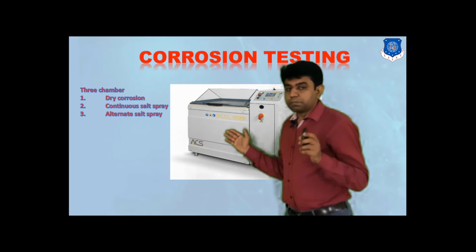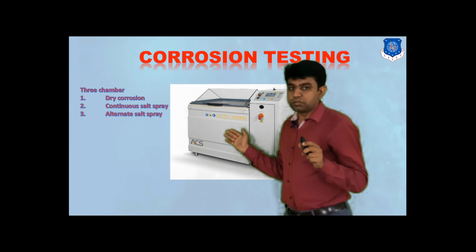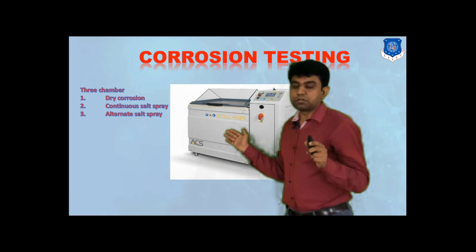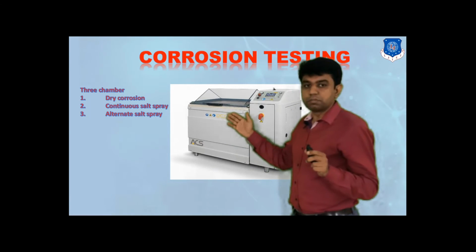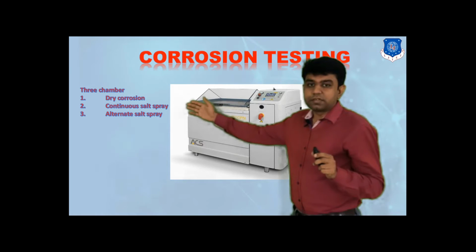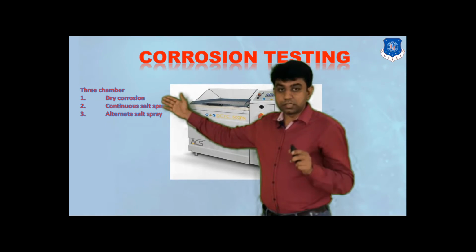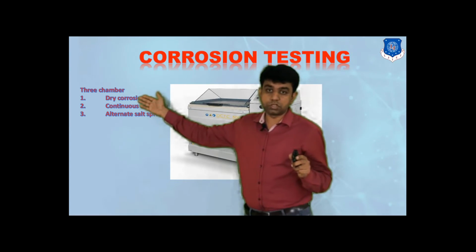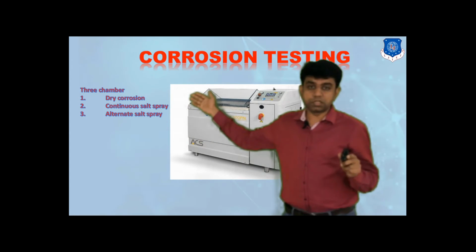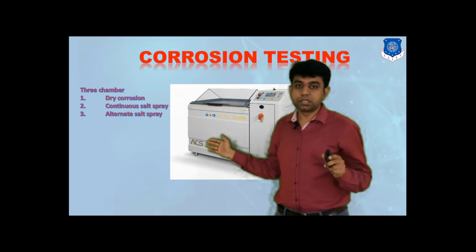First of all, a sample of the metallic component which we are using would be taken inside this machine. Then the testing of that component would be done under a corrosive environment, but the environment kept is a dry corrosion type of environment, so less formation of moisture would be there.